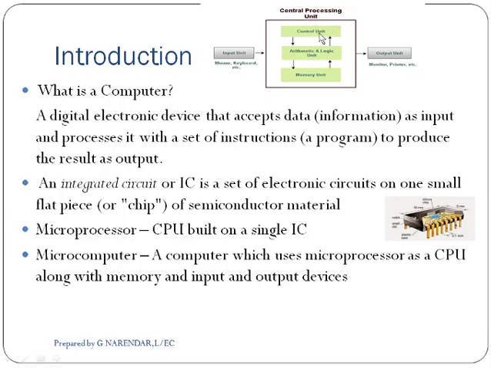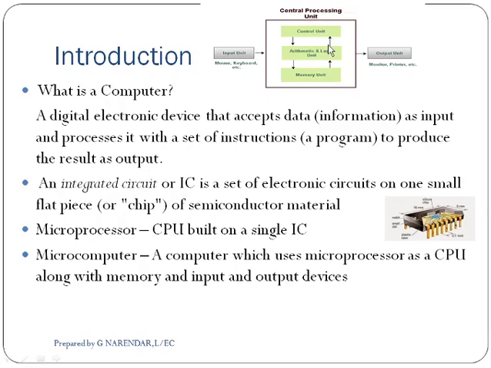You know what this central processing unit is, which contains a control unit, an arithmetic logic unit, and a memory unit. Whatever instructions and data we have given using our keyboard will first go and be stored in the memory. Then the arithmetic logic unit will perform the arithmetic operation here, which is addition.